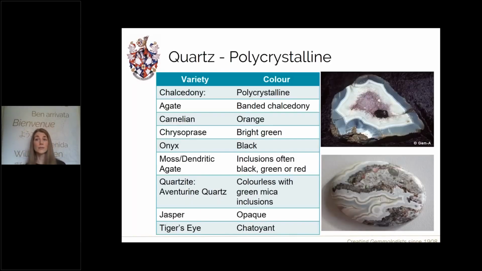Moving on to our polycrystalline quartzes, we have a lot of different varieties within this branch, if you will, of the quartz species. So within our chalcedony, we have different things like agate and carnelian and chrysoprase, divided in color, really, color and maybe color distribution, like in banding.